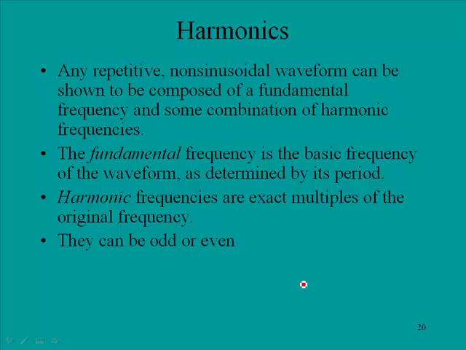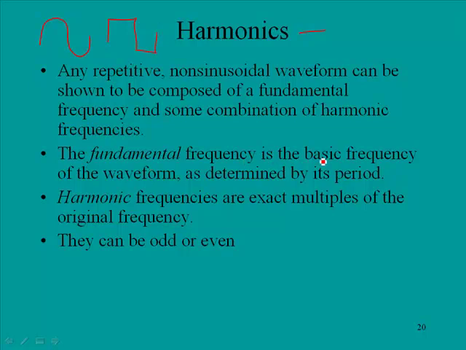Any repetitive non-sinusoidal waveform, and this gets into the subject of harmonics, can be shown to be composed of a fundamental frequency and some combination of harmonic frequencies. And so notice it is non-sinusoidal. If you have a pure sine wave, as I mentioned, you won't see those harmonics, but when you see a square wave, they will be quite obvious.